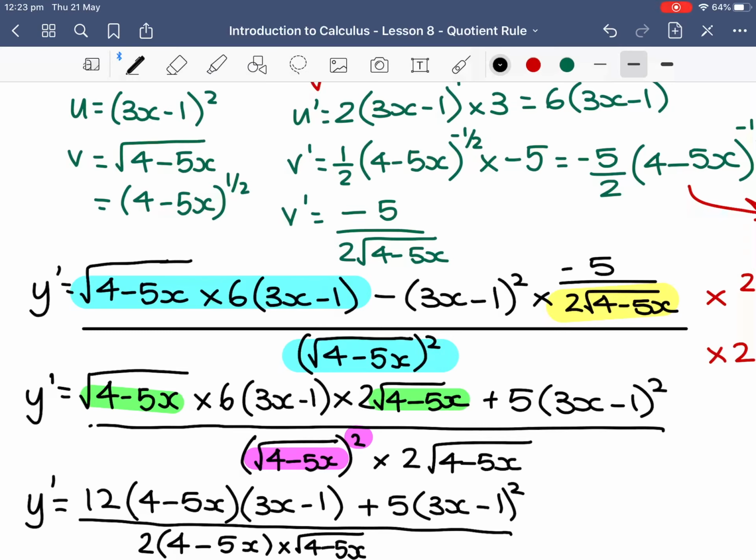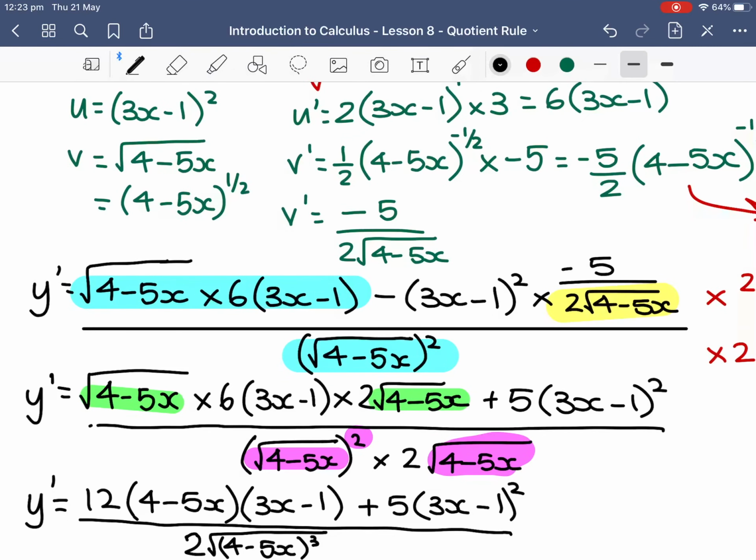We now have 3 lots of 4 minus 5x square rooted, so it will just be on the bottom 2 square root of 4 minus 5x, and this will be cubed.